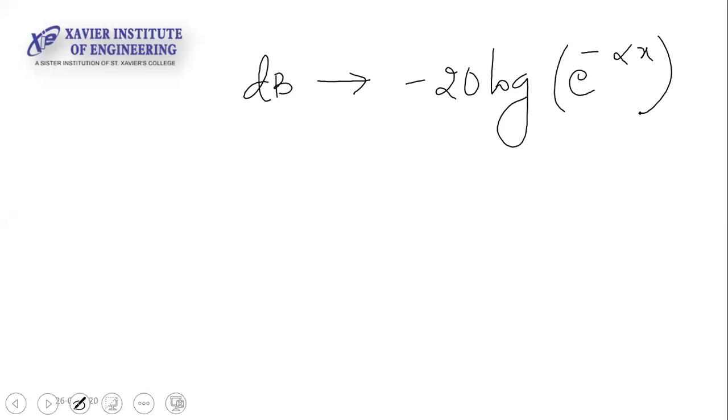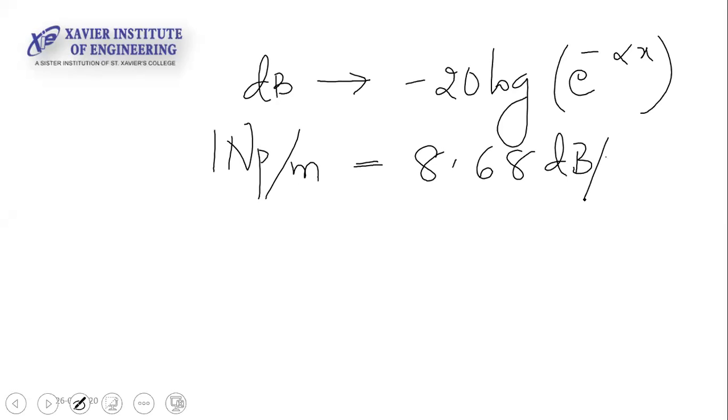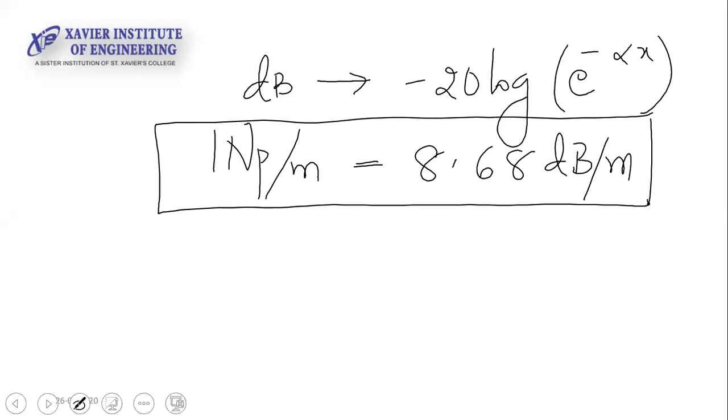If my alpha is 1 Neper per meter and my x is 1 meter, then 1 Neper per meter equals 8.68 dB per meter. This is a standard conversion, and it is something you need to know.